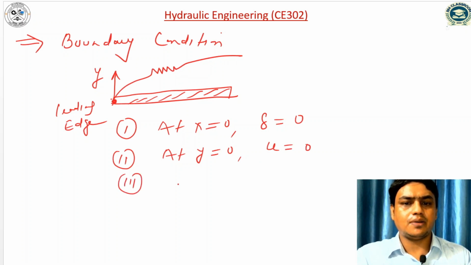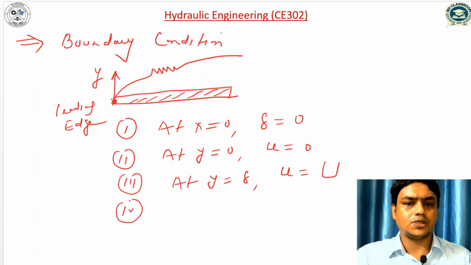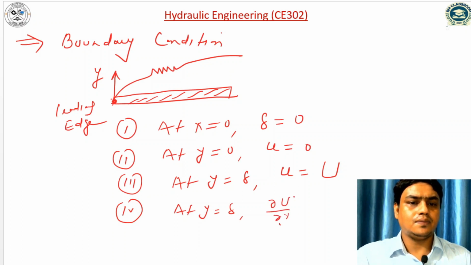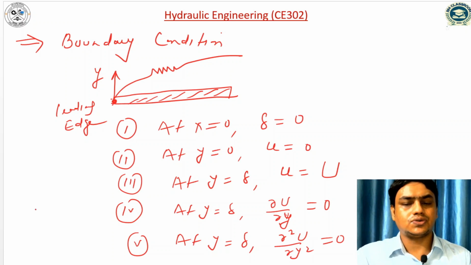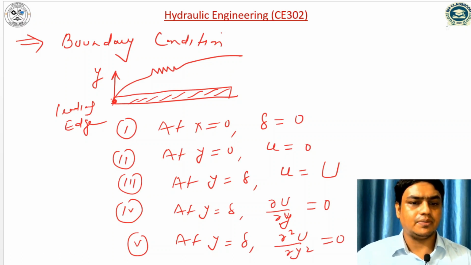Third boundary condition, at y is equal to delta local velocity is equal to the free stream velocity, and at y is equal to delta, del u by del y is equal to 0. And the last boundary condition I have discussed, that is at y is equal to delta, del 2 u by del y square is equal to 0. So this boundary condition we have to remember.